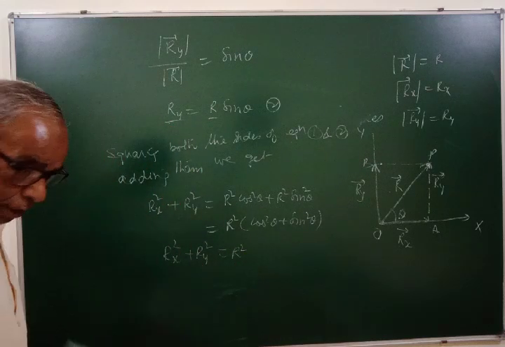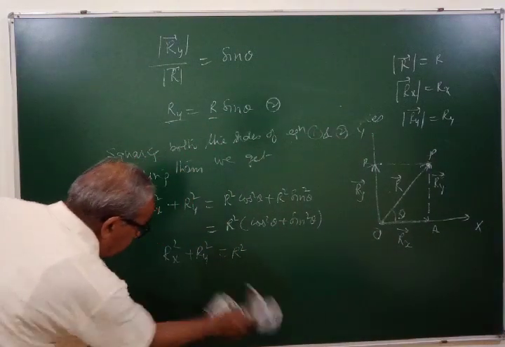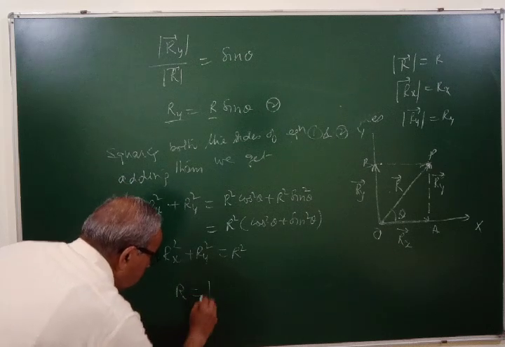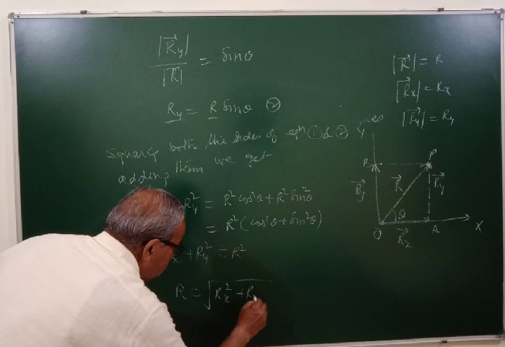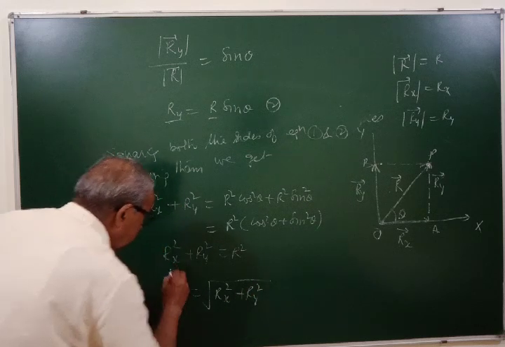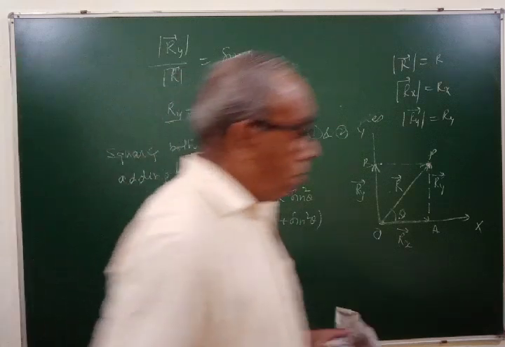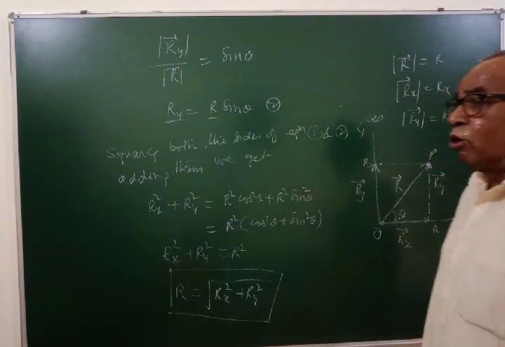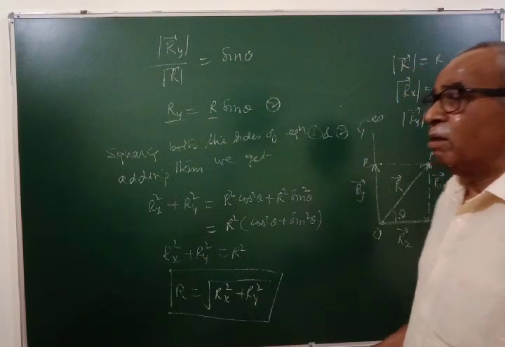Or you can write simply R is equal to under root Rx square plus Ry square. So that way, if two vectors are at right angle, then the magnitude of the resultant will be obtained by this equation only.